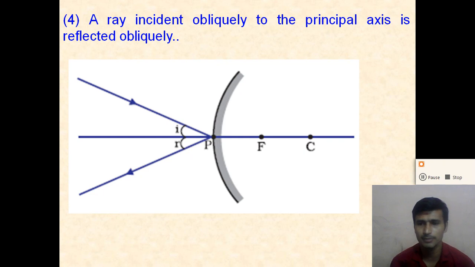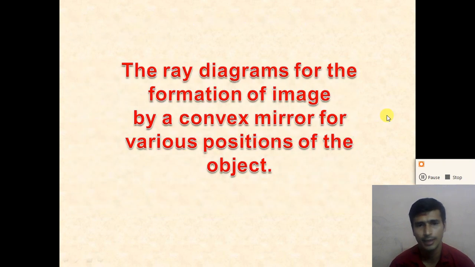So how can the image be formed? To form the image by a convex mirror, we use a minimum of 2 rules out of these 4 rules. Now let us see how the image can be formed by the convex mirror, right? So, ray diagrams for the formation of the image by a convex mirror for various positions of the object: when the object is placed at infinite distance, at the center of curvature, at the principal focus.